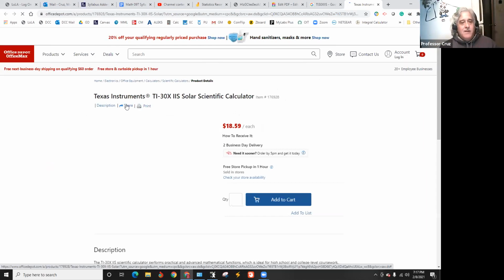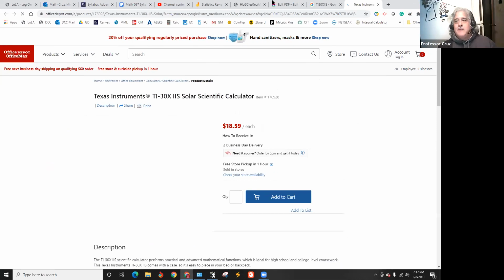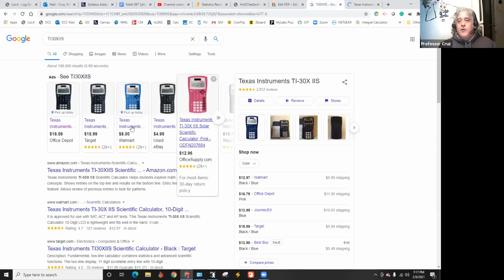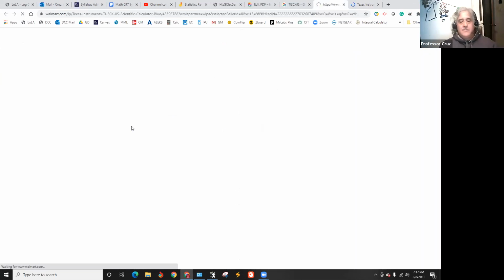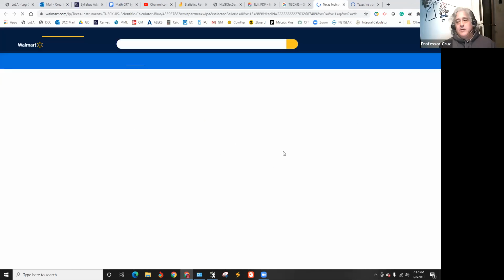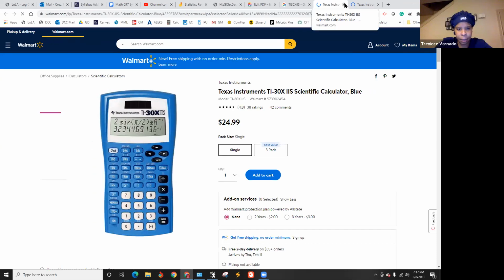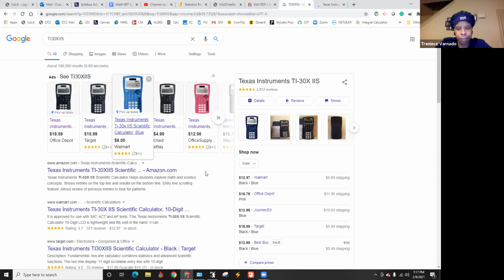Now that one right there is more expensive, but this one, like I said, it says here Walmart's got it for $8. Let's see. Walmart's usually the cheapest price. Oh, why did I get that? It said $8 when I clicked on it. What, did they all of a sudden start filling them with gold? Let's see.